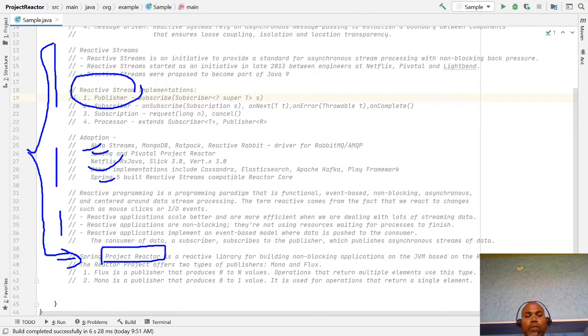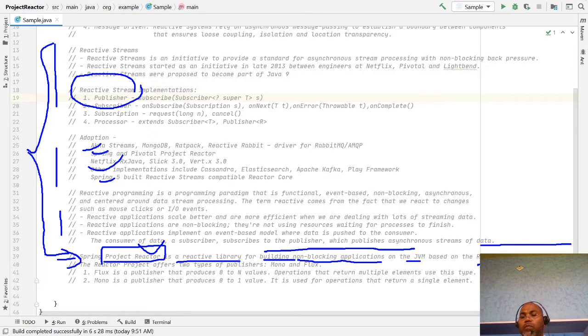Project Reactor is a reactive library for building non-blocking applications on the JVM, and it is based on the reactive stream specification.